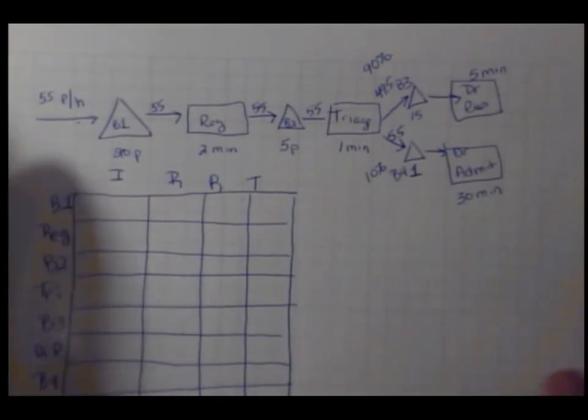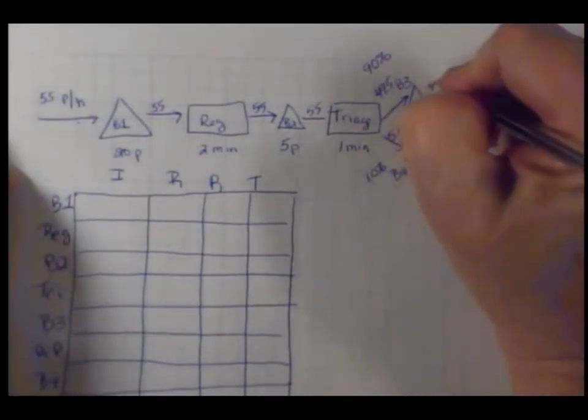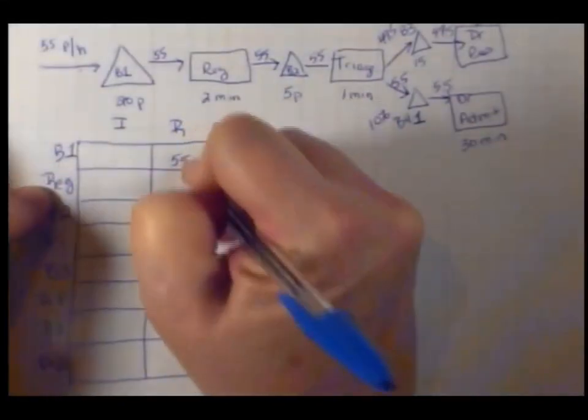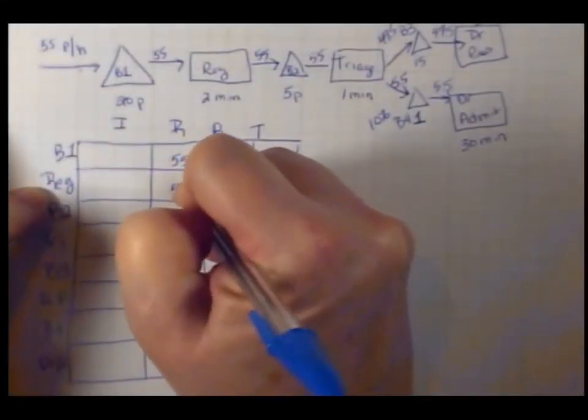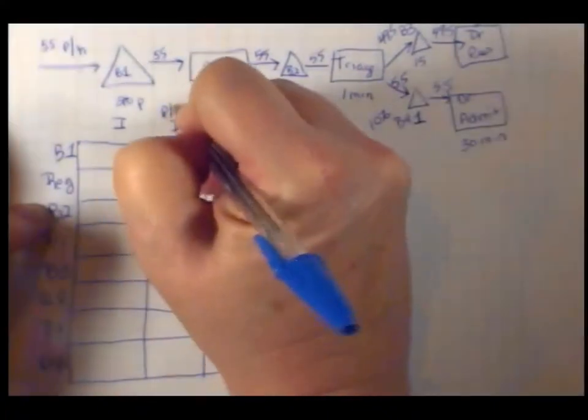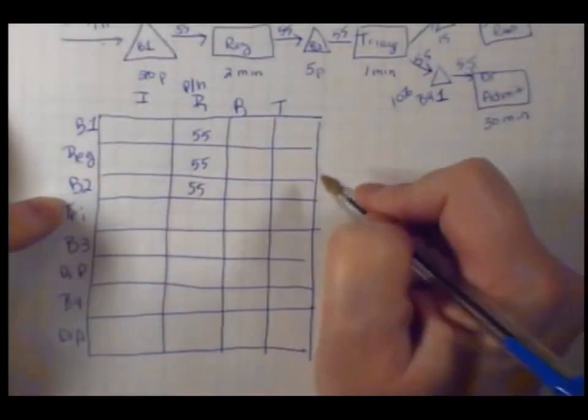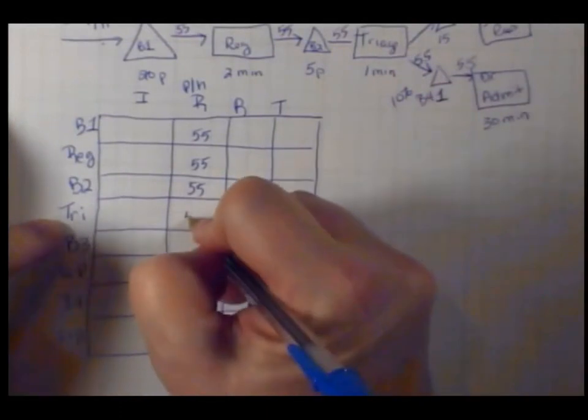So I can then translate that into my table. So at buffer 1, my throughput is 55. At registration, it's 55 patients per hour. At buffer 2, it's 55. At triage, it's 55.